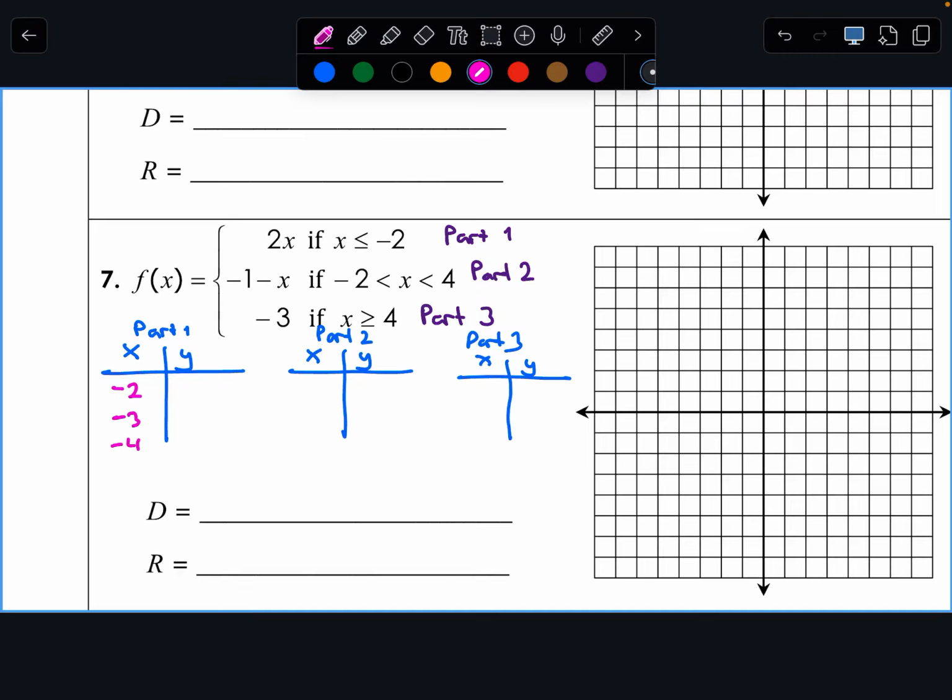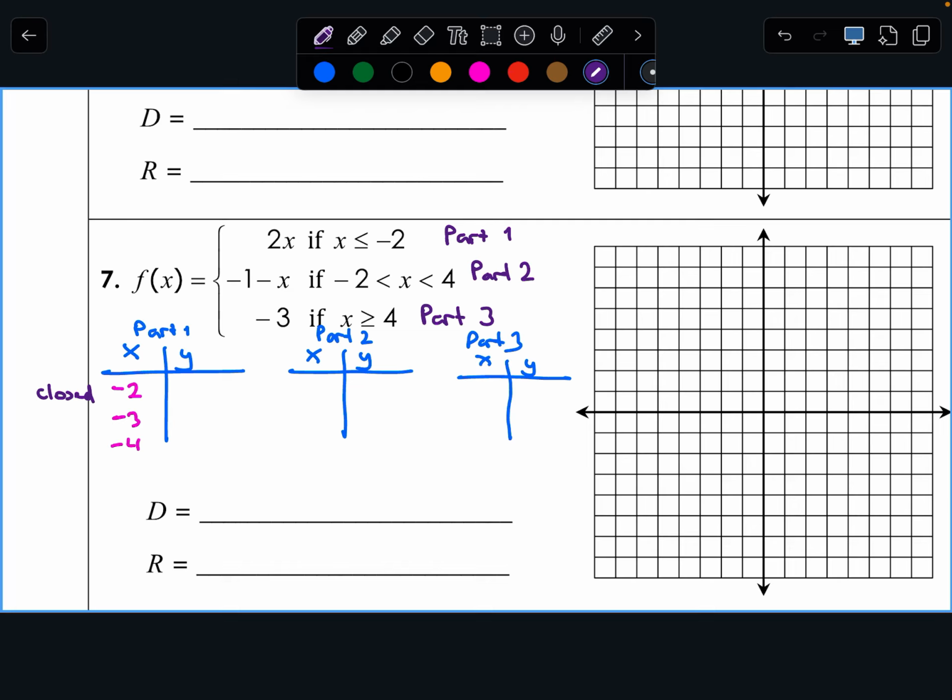Will it be open or closed? It's closed, because it's equal to. I'm going to ask that you write that down beside -2. So when we go to the graph in just a moment, we'll be graphing -2, comma, whatever, with a closed circle.